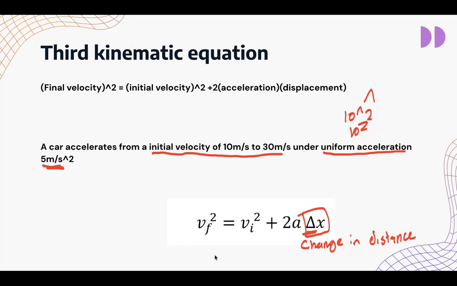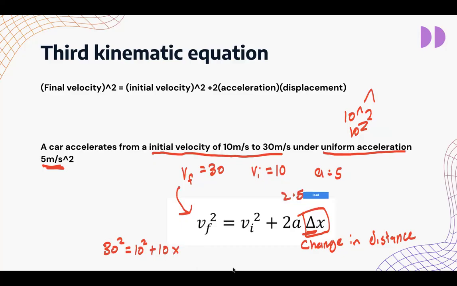We know the final velocity is equal to 30, the initial is equal to 10, A is equal to 5, correct? We're given those three. I think everyone got those down, which is great. But now you have to input it correctly. So you get 30 squared equals 10 squared plus 10x, correct? Because 2 times 5 is just equal to 10.